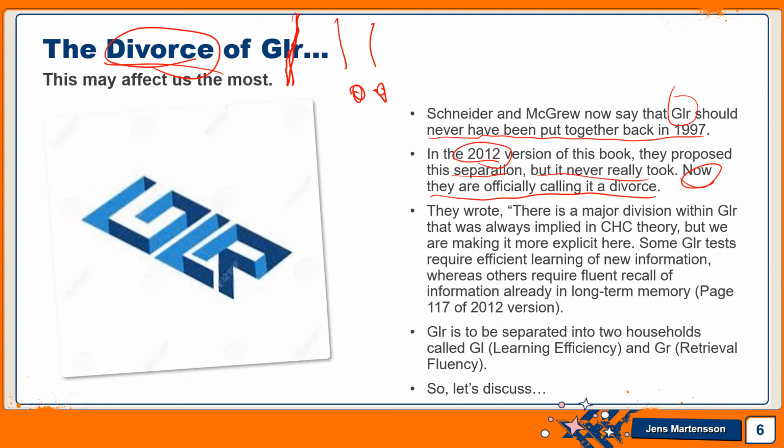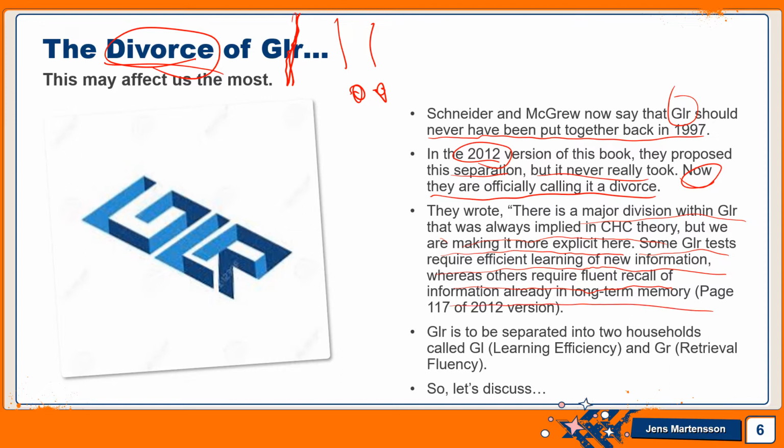So in 2012, what they wrote was there is a major division within GLR that was always implied in CHC theory. It was always there, but now we're making it more explicit. Some GLR tests require efficient learning of new information, whereas others require fluent recall of information already in long-term storage.